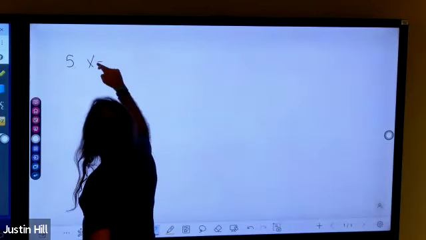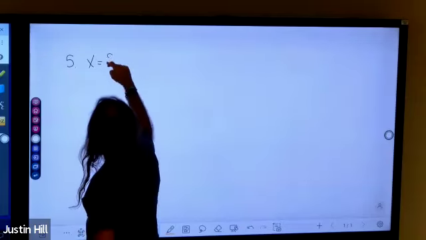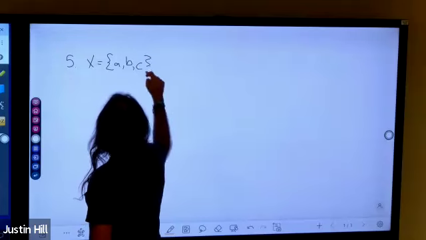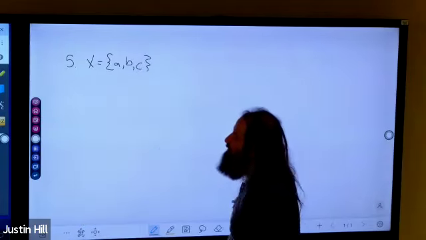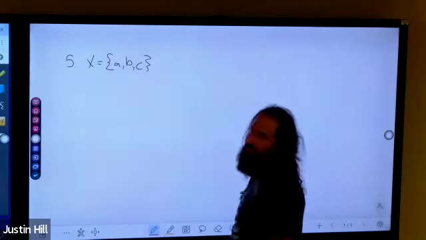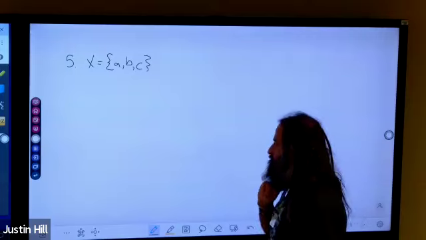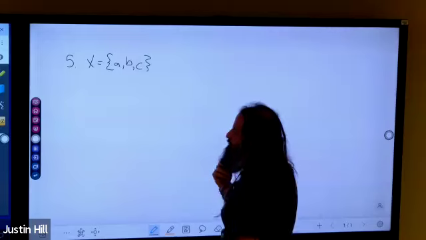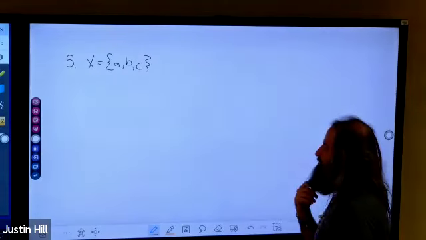So in this problem, first of all, there's a larger set we're dealing with. It's actually not that large, but the set is ABC, and then P of X is the power set of X. It is the set of all subsets. So we're going to define a relation S on P of X as follows.